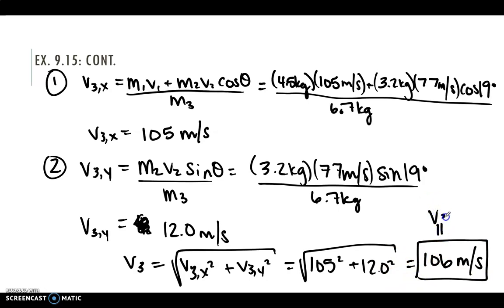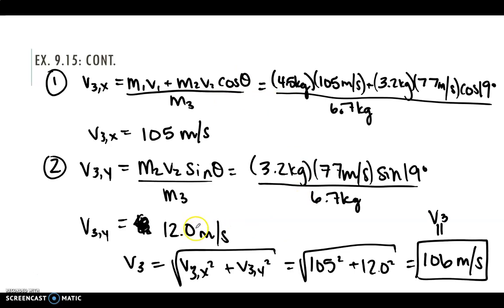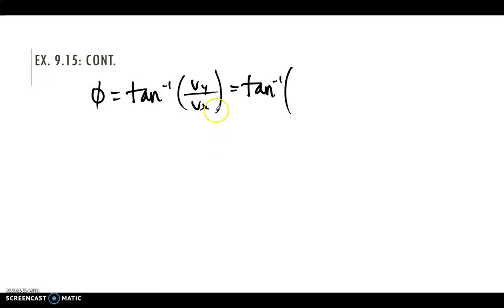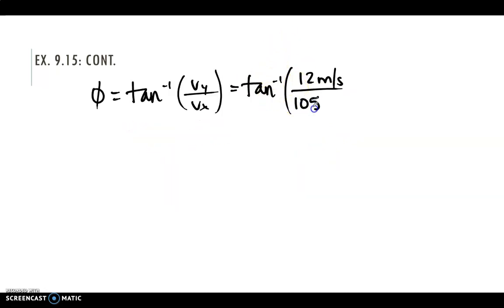Now if I want to find the direction, I'm going to have to solve this equation, tan inverse v sub y over v sub x. So we have tan inverse of v3 sub y, which is 12 meters per second, over v sub x, which is 105 meters per second.